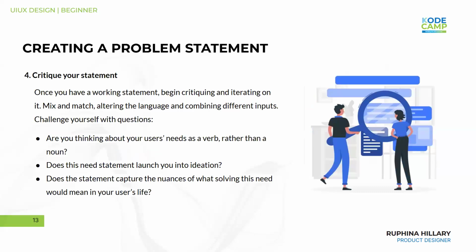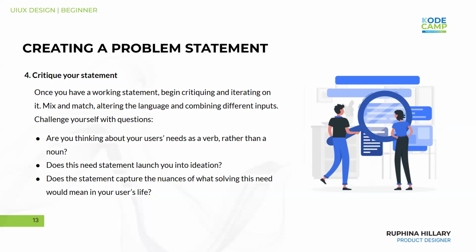By the time you are done with generating the problem statement at stage three, remember you are just generating a lot of problem statements, mixing and matching and merging a lot of insights, a lot of needs, a lot of user personas you have created.